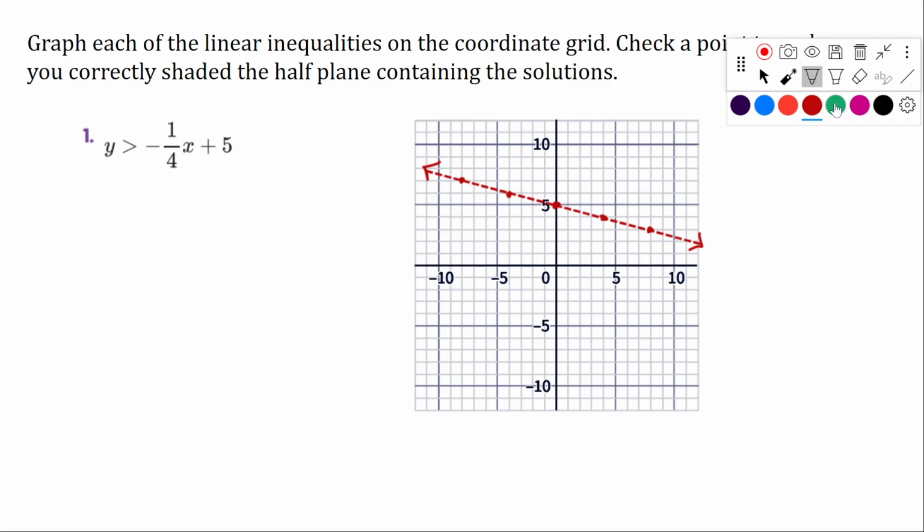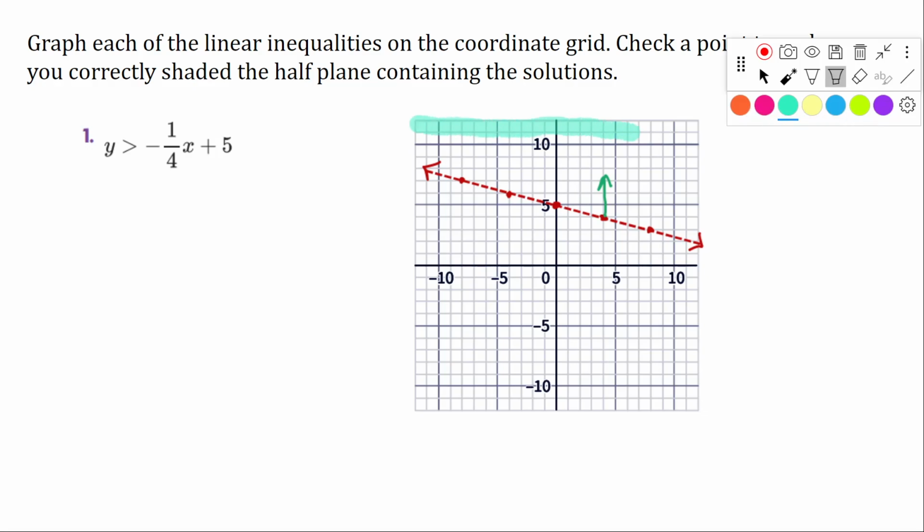And for this particular solution set, we have y is greater than. If I use that test again, put my pencil on my line, greater than means larger. Vertically, that is up. That's the side of my line that I'm going to shade in.